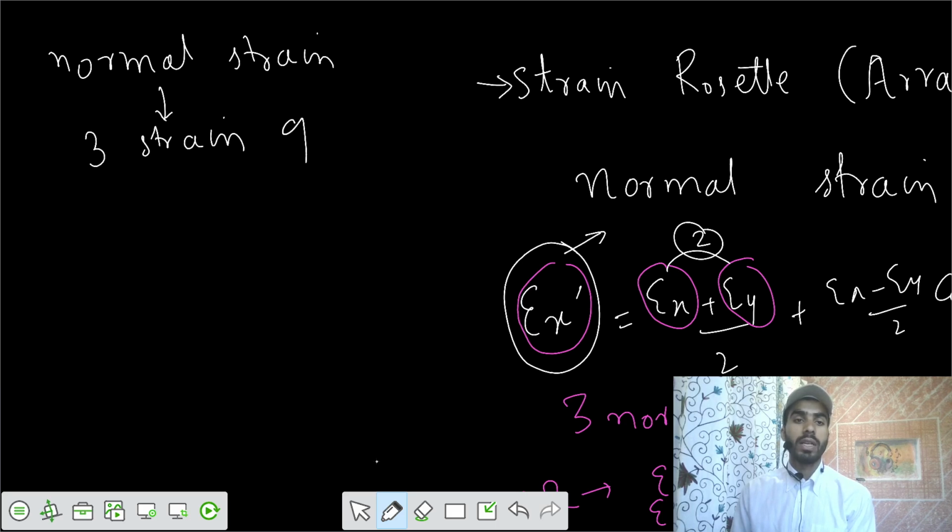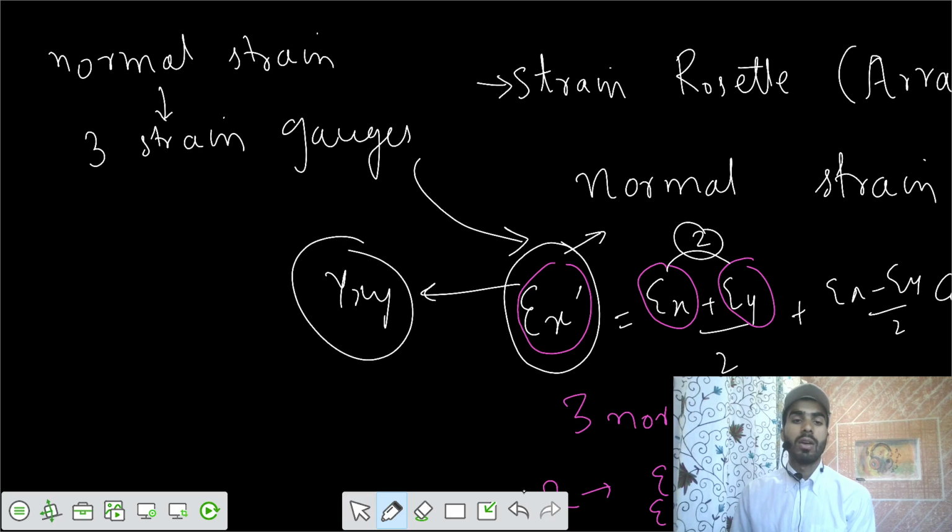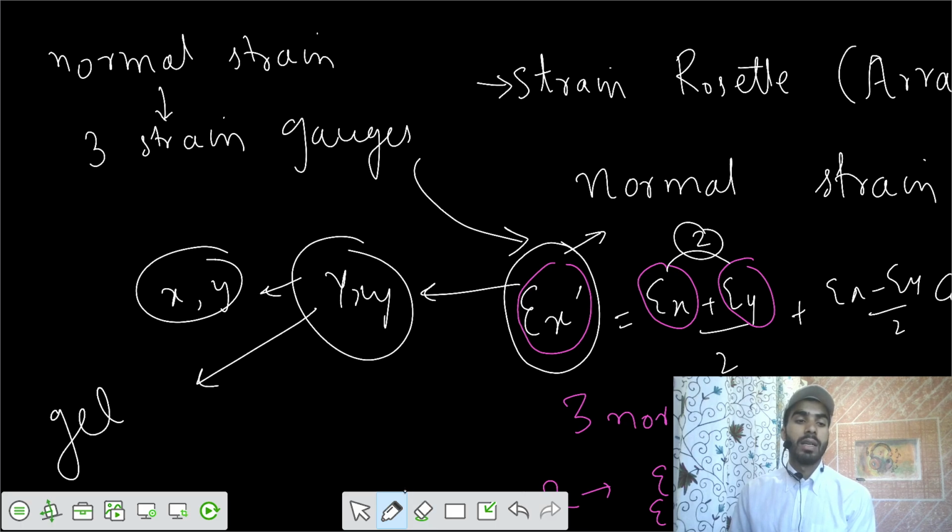Using the equation, it gives you gamma xy for that particular plane. Once you have gamma xy, you can get anything at any other theta.